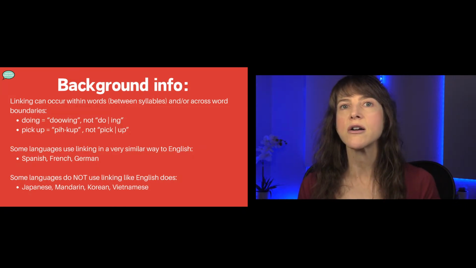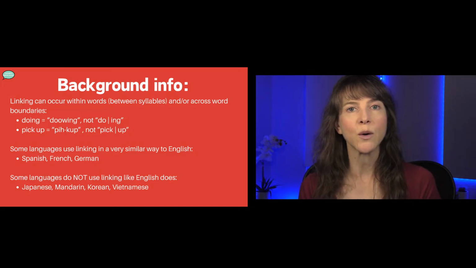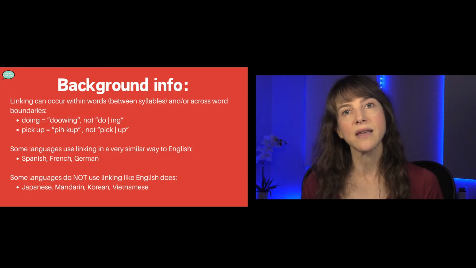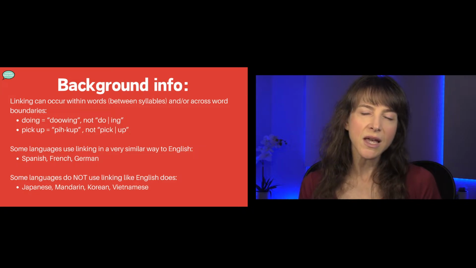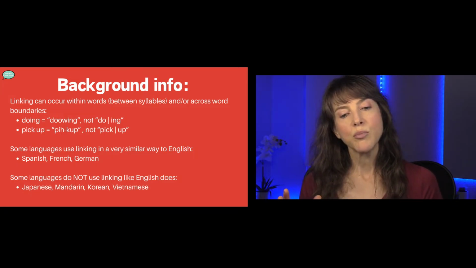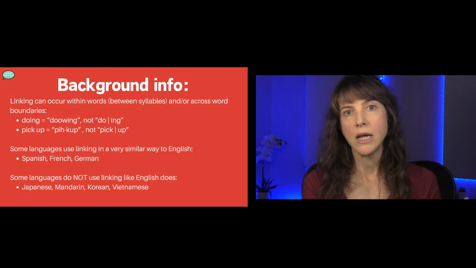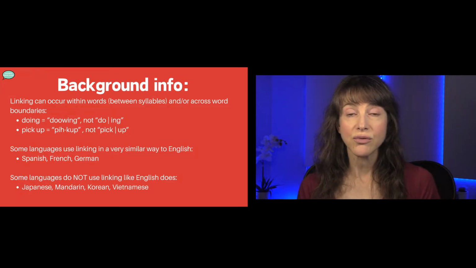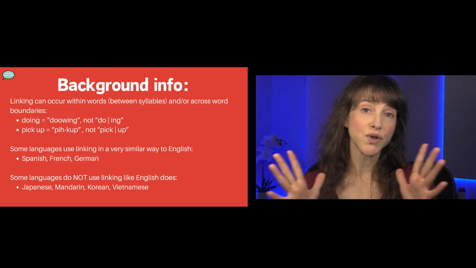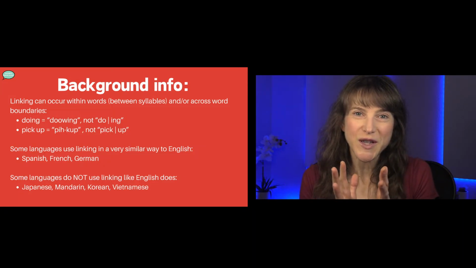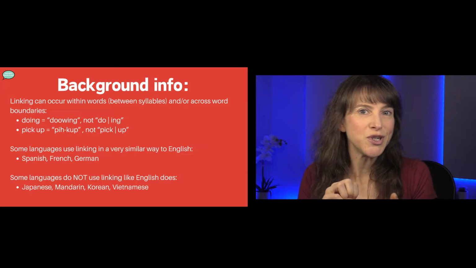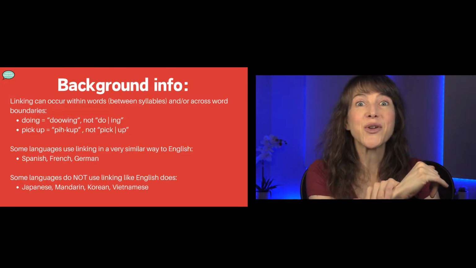Linking may be the hardest thing for you because your native language doesn't use linking in the same way. So when you speak English, you might put too much emphasis on each syllable. Whereas in English, we have long syllables, short syllables. Those shorter syllables are usually condensed or reduced and then linked together with another syllable.